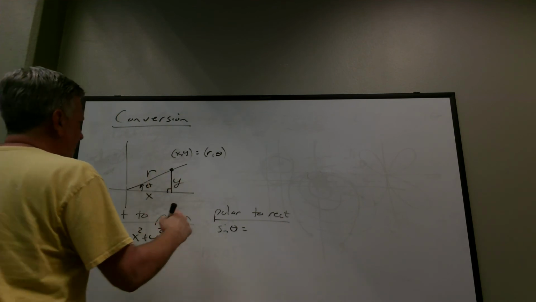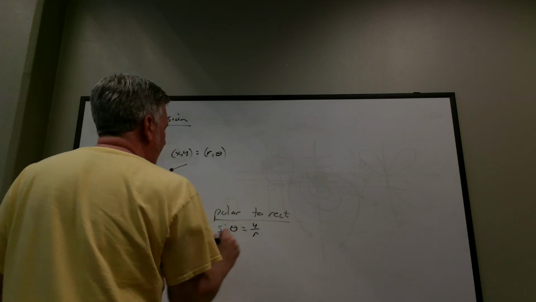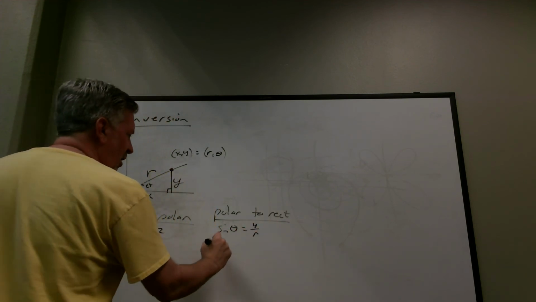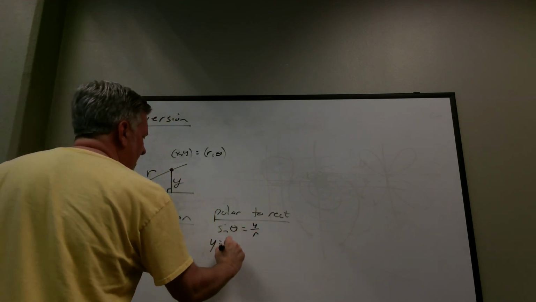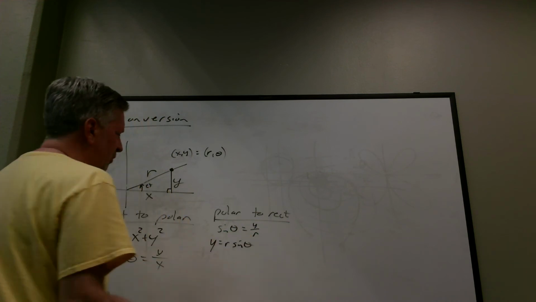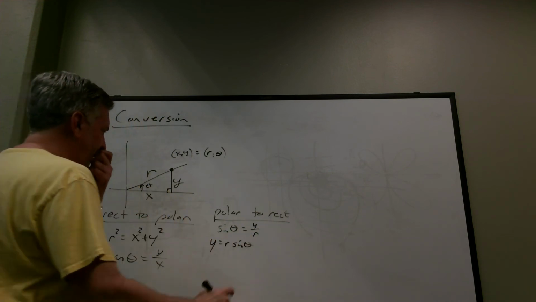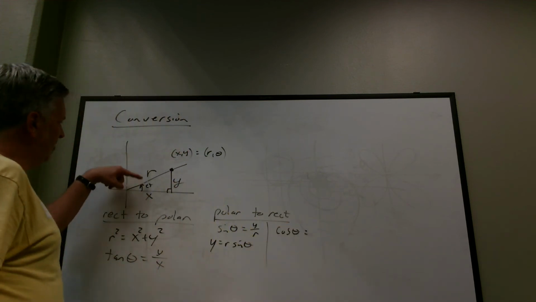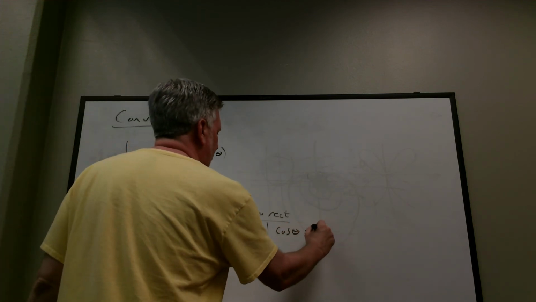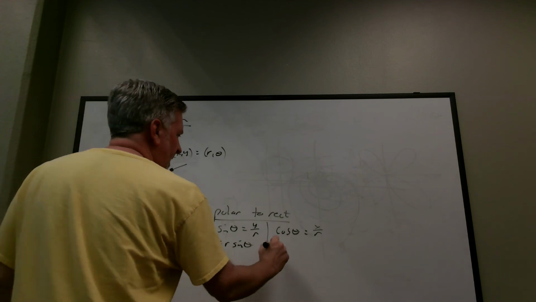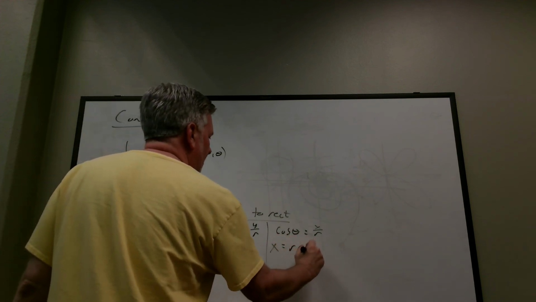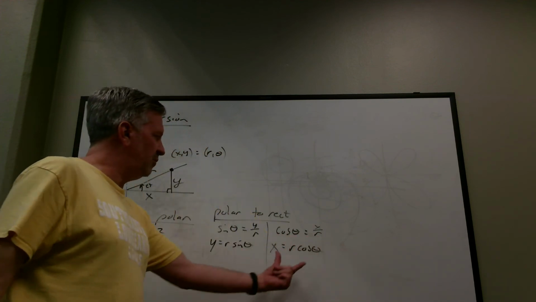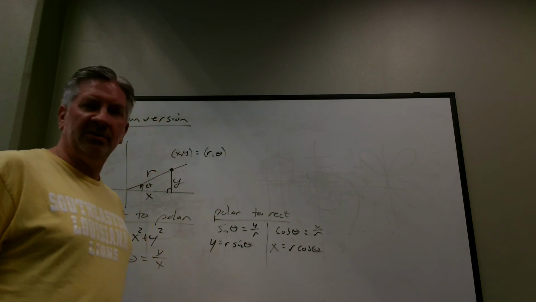Sine of theta is y over r. If you multiply both sides by r, you get y is r sine theta. So if you know r and theta, you can get y. And likewise, cosine theta is adjacent over hypotenuse, so that's x over r. Multiply both sides by r, you get x is r cosine theta.